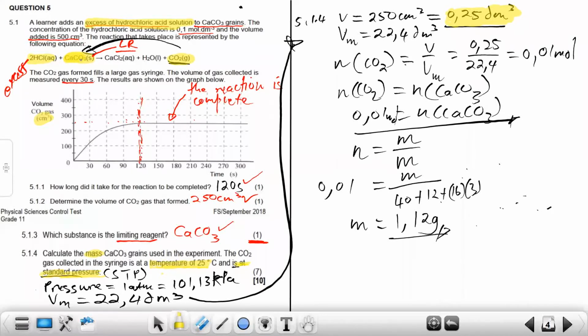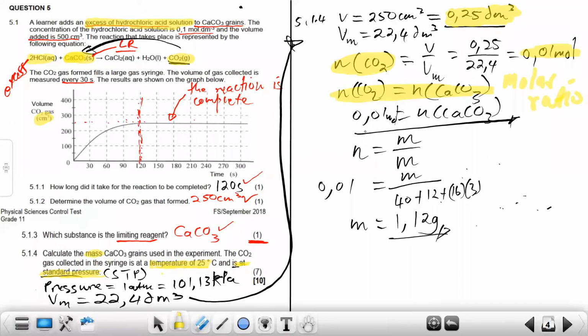So I must calculate the number of moles of carbon dioxide using n is equal to V over Vm, because I have the volume, which is 0.25, and the molar gas volume, which is 22.4, and now I can get the number of moles. But the only way of relating the given information and what is being asked is using the molar ratio.